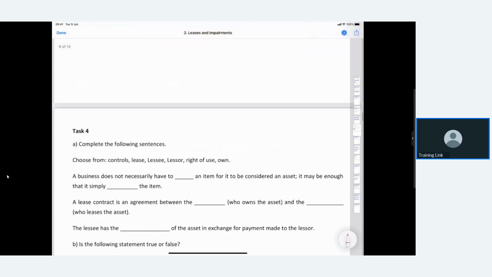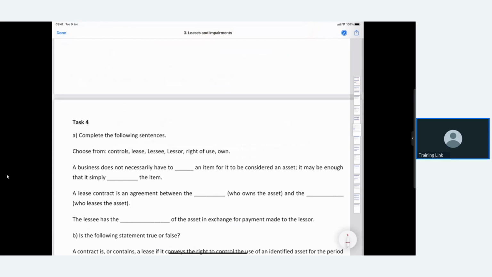We can move on to task 4. So we've got here, complete the following sentence, choose from a few options there. A business does not necessarily have to, and then it's something, an item for it to be considered an asset.